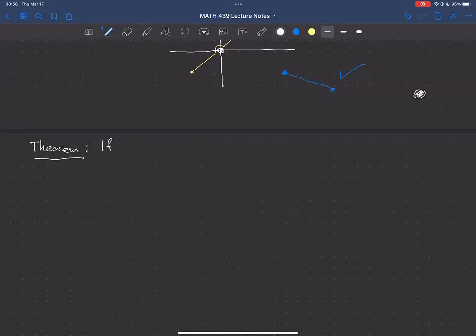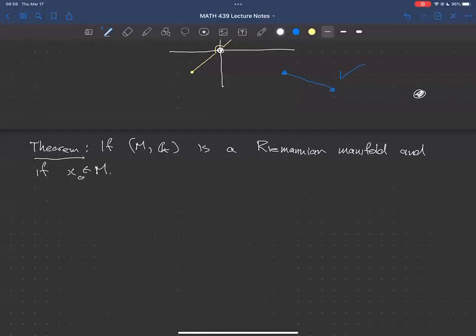If (M, G) is a Riemannian manifold, and if X is some point in M, let me call it X naught, what I'm going to do is think about points in M that are close to X naught, whose distance from X naught is small.